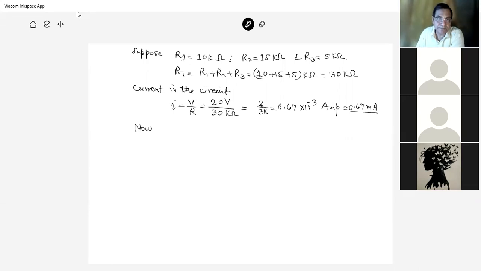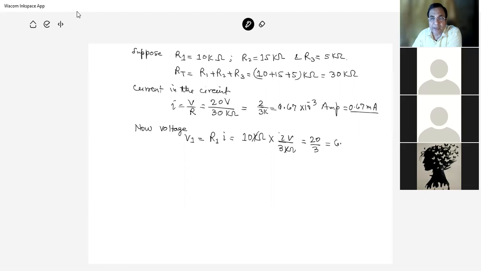Now voltage. V1 is equal to R1I. So R1 is 10 kilo ohm into I, 2 by 3 milliampere, so the kilo cancels. This is 20 by 3, that is 6.67 volt.